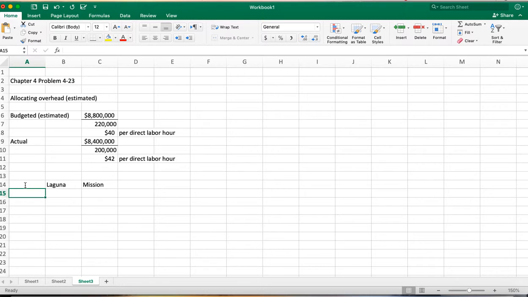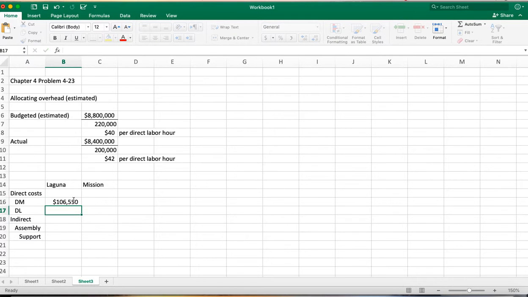And so we've got our direct cost, we've got direct material, we've got direct labor, and then we have our indirect cost, which is our assembly support. That's what we were calculating up here. And so this information, I believe, is given to us. Direct materials for that model is $106,550. Direct labor was $36,250.